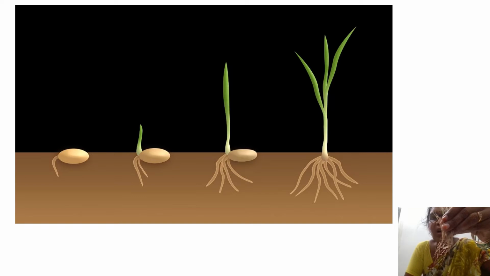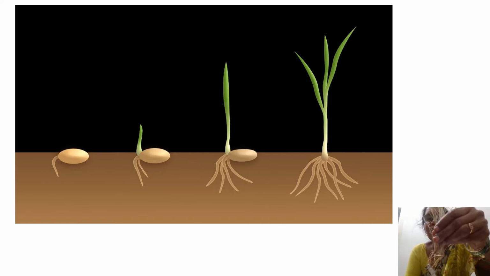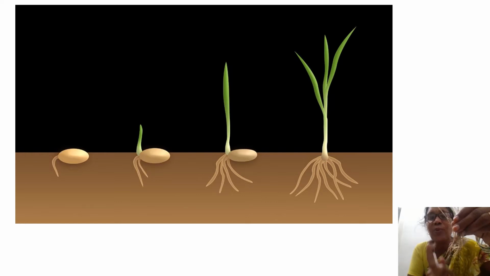So these are called monocotyledon plants. Roots are short, hair-like, fiber-like, and more or less equal in size. When it germinates, we find only one first leaf. So such plants are called monocotyledons.